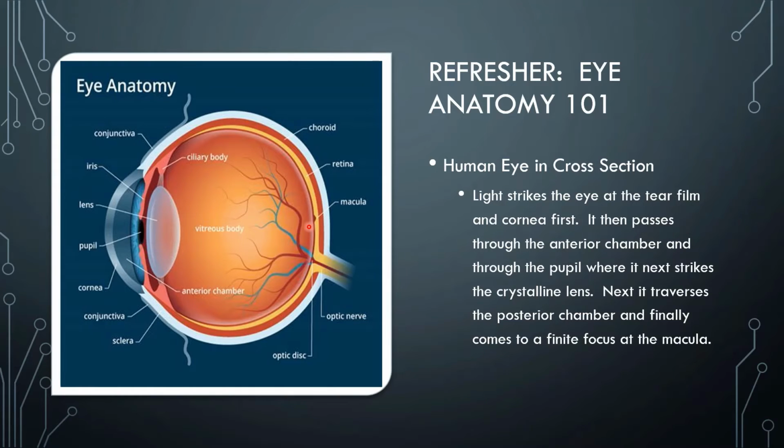So things are out of focus unless you can focus enough with your lens to bring it into focus. I don't mean to digress, but I just want to give you a clear understanding of how the eye is designed and works, and some of the basics to grasp onto. All right, let's go forward.